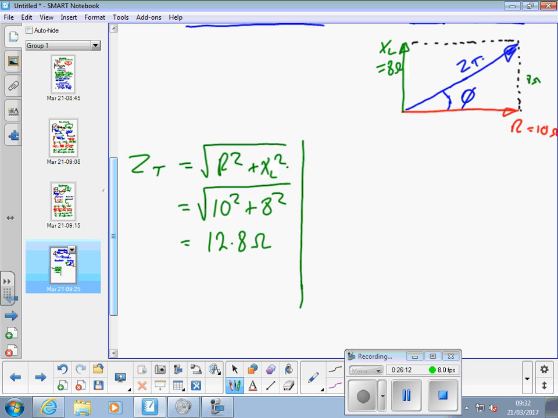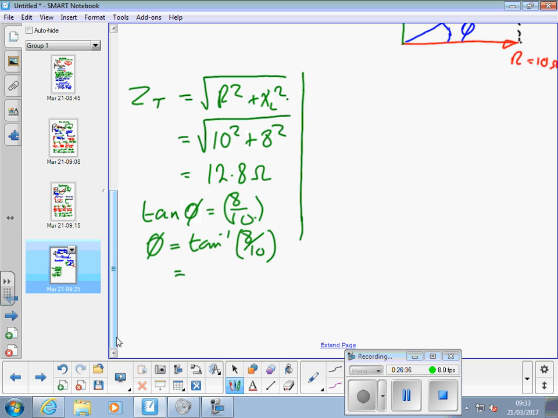Yeah. So we can go tan of the angle is equal to 8/10. Therefore, the angle is equal to tan to the minus 1 of 8/10. My answer's in degrees, so I'll have it in degrees, please. 38.7.